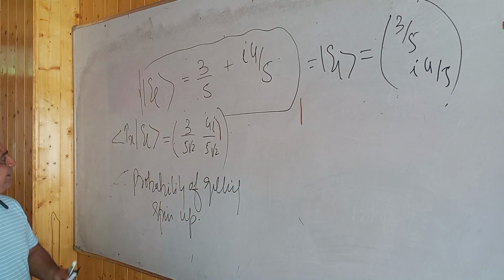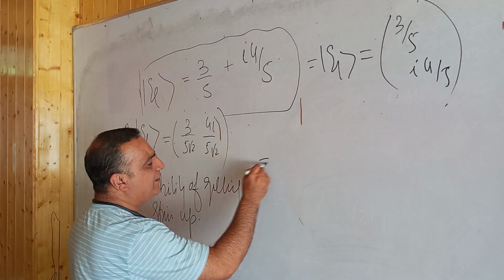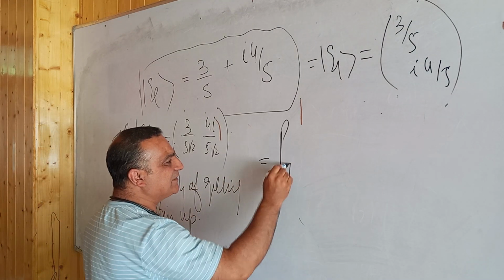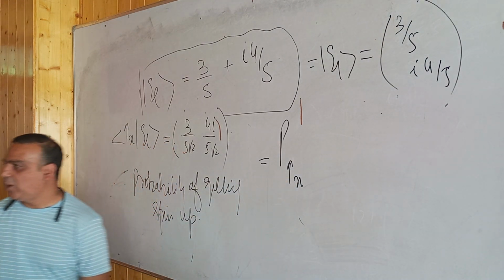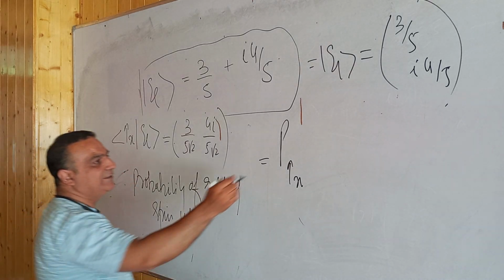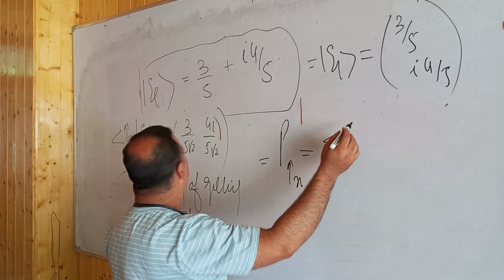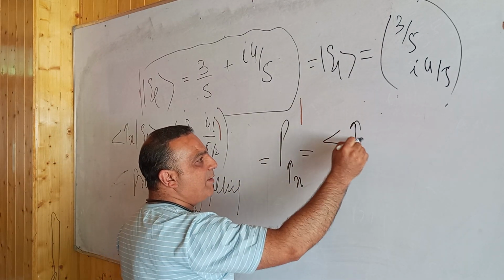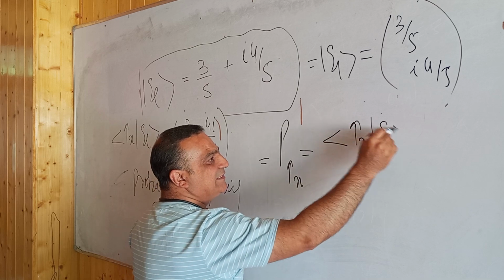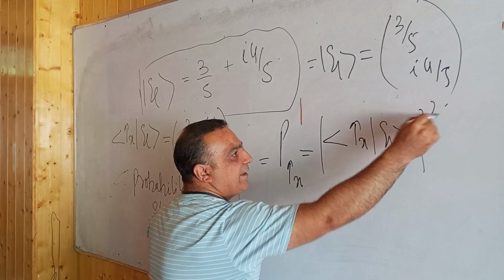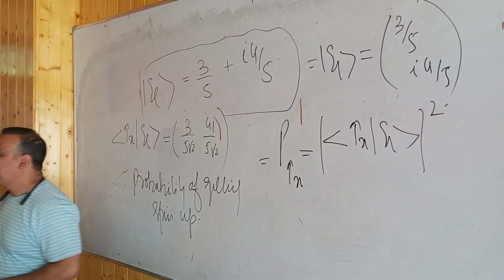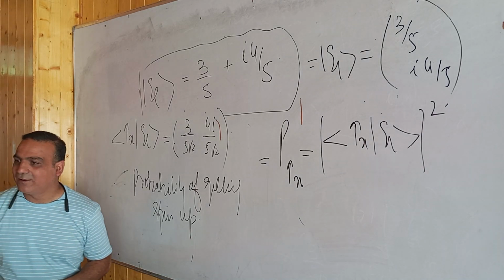That will be simply the modulus squared of the inner product of spin up along x with zeta. What is this going to give me?